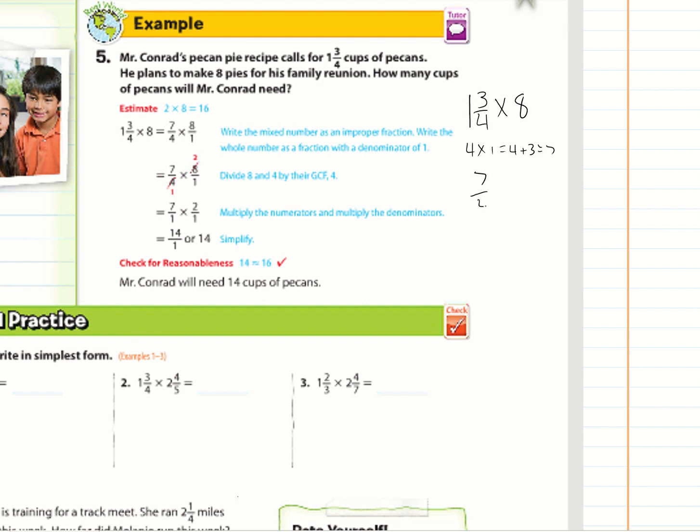So it's going to be 7 over 4 times 8 over 1. 4 and 8 are compatible. So this will be 7 over 1 times 2 over 1. And we're going to need 14 cups of pecans. Very important that we have cups of pecans because that is required in our answer.